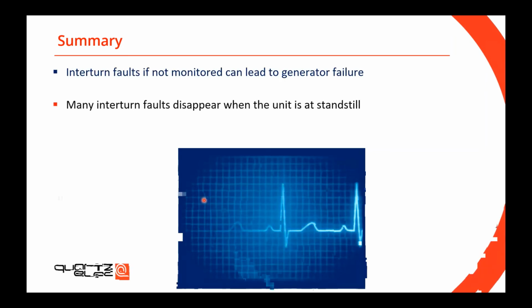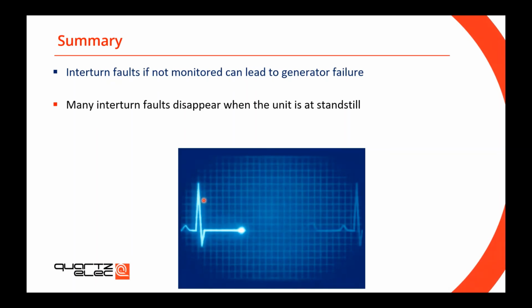We also said that many interturn faults disappear when the unit is at standstill. And yes, this is quite critical in my view because performing your standard diagnostic tests might not reveal the problems with your rotor winding.